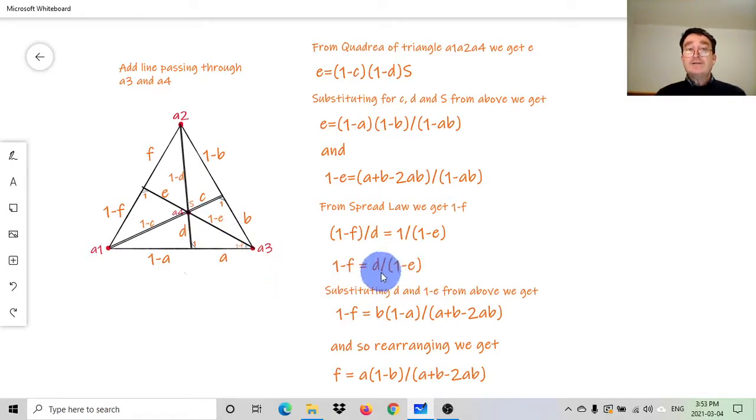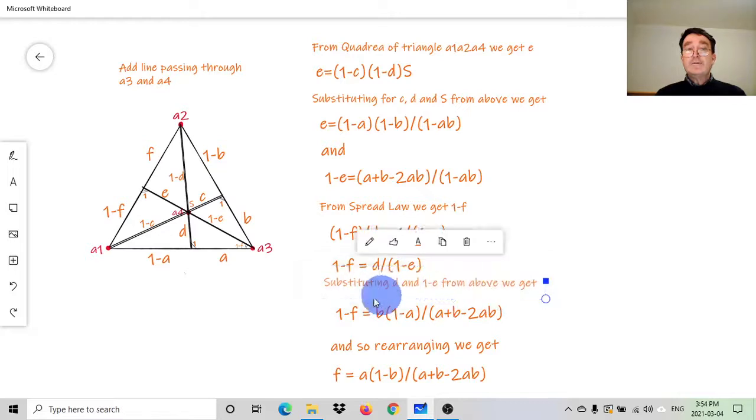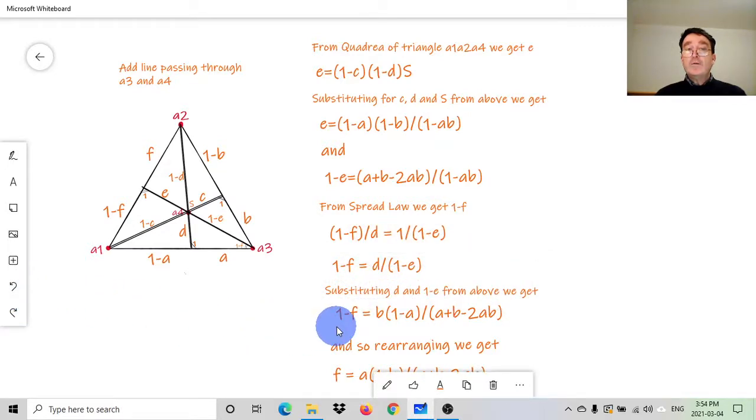So 1 minus F is D divided by 1 minus E. And then we substitute for D and 1 minus E from the above, and we get 1 minus F equals B times 1 minus A, all divided by A plus B minus 2AB. And rearranging, we get F is A times 1 minus B, all divided by A plus B minus 2AB.